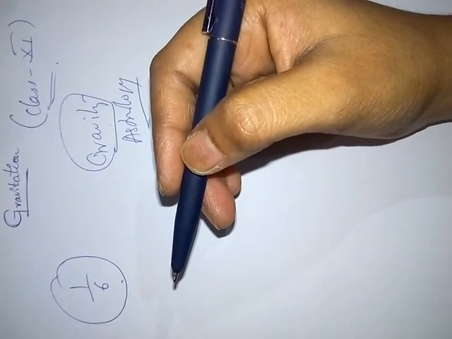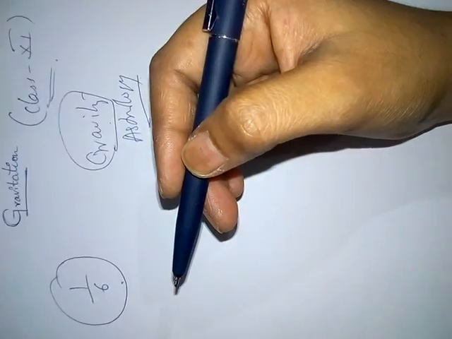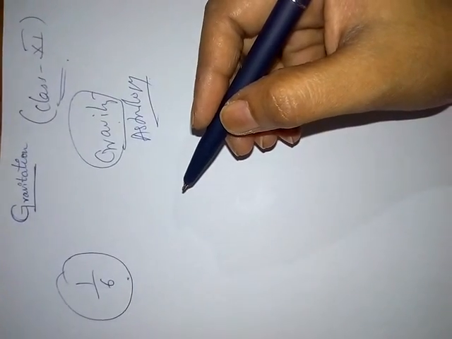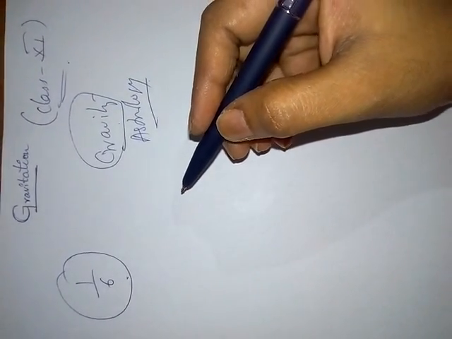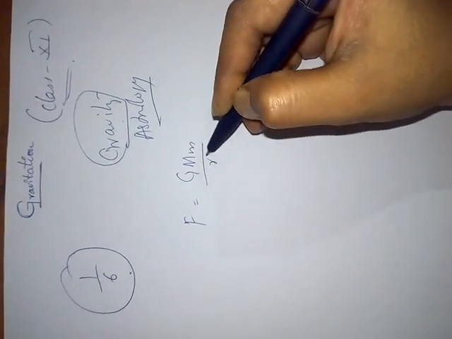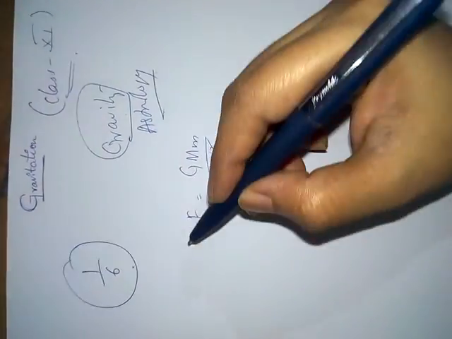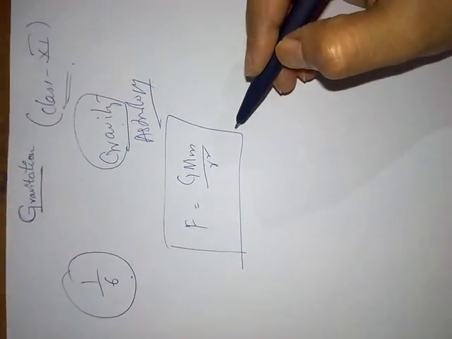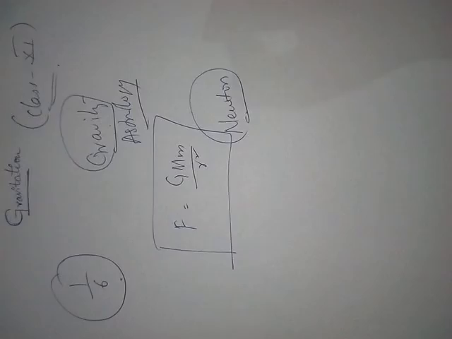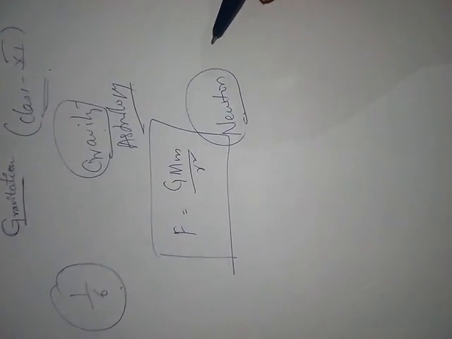And coming to the people who did their studies on gravitation, you might have come across the equation F is equal to GMm by r square, a very famous equation. Somewhere in 9th standard you might have come across it, and we know that this equation was formulated by a very prominent scientist of that period named Newton.